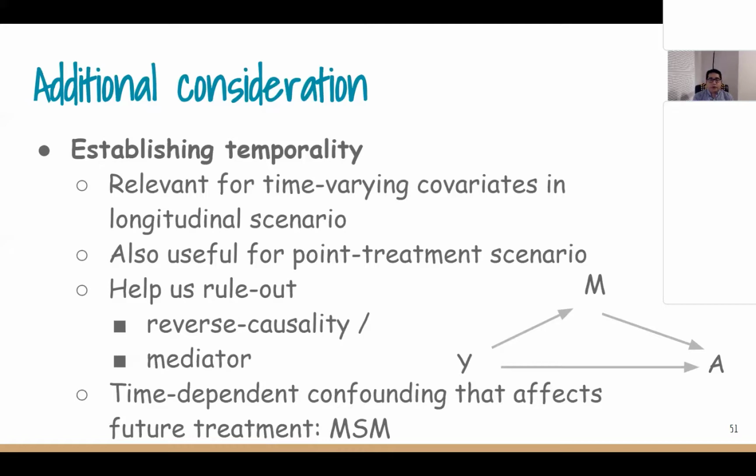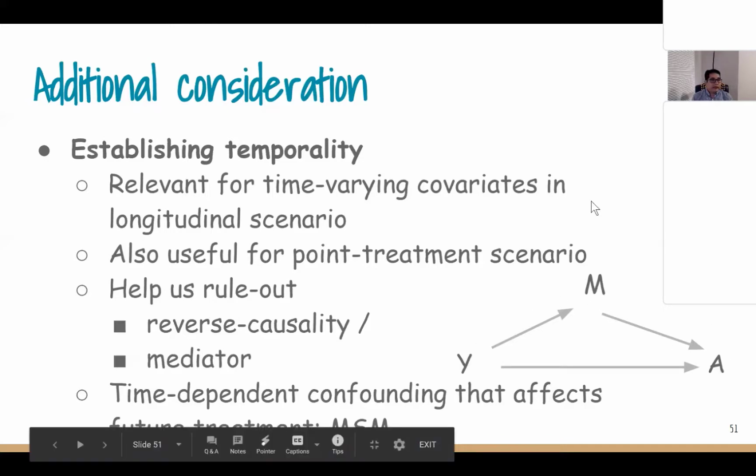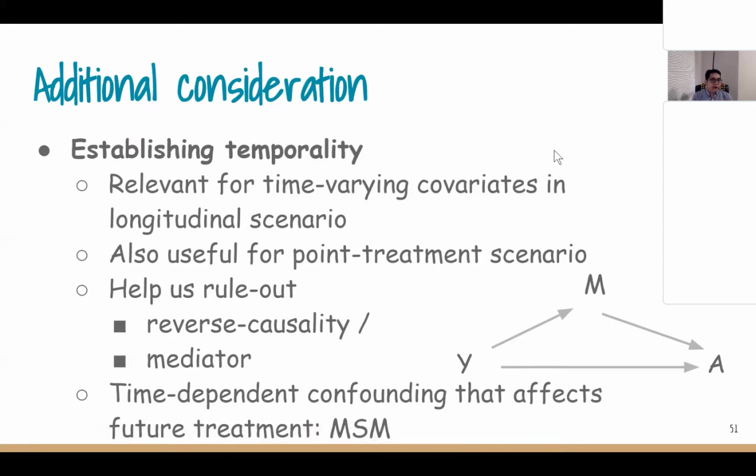And this temporality is also very important when you are trying to do any kind of mediator analysis. Say, for example, if I am trying to do a mediation analysis from a cross-sectional study, right? What is the main concern the reviewer would have is that all of the things that I'm saying, that this Y is causing my M and M is causing my A and things like that, I cannot prove that from an observational study or cross-sectional study in particular, where everything was measured at a single time point.